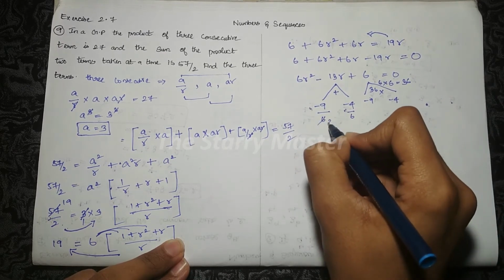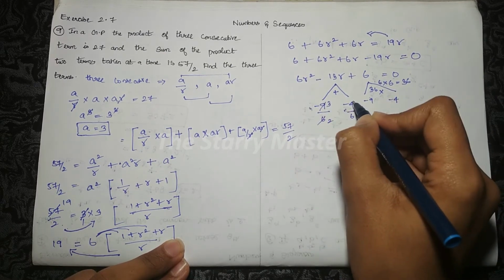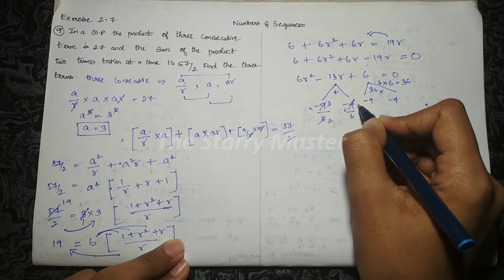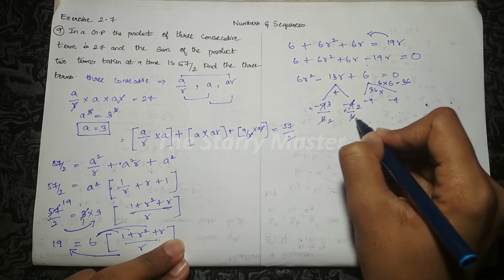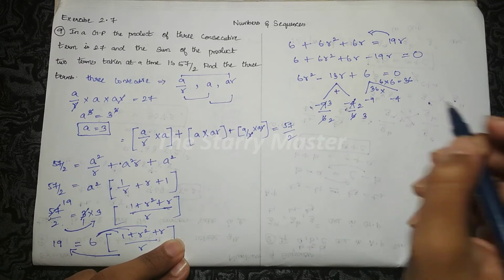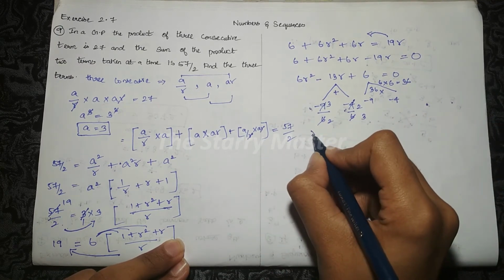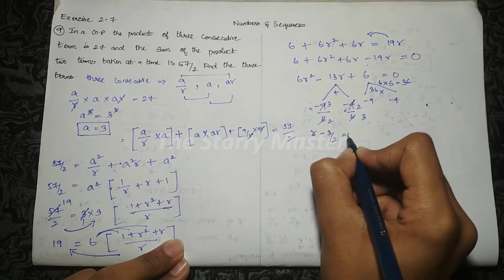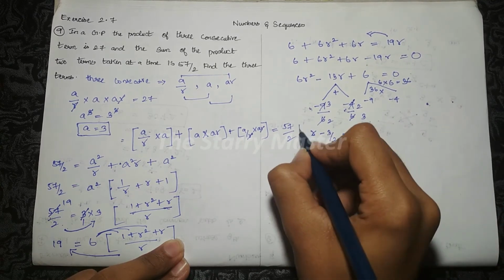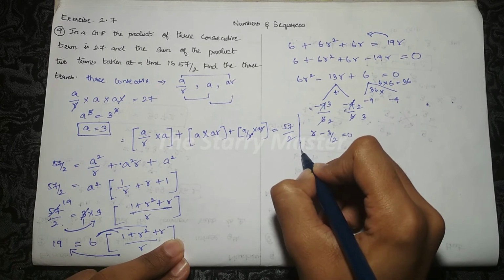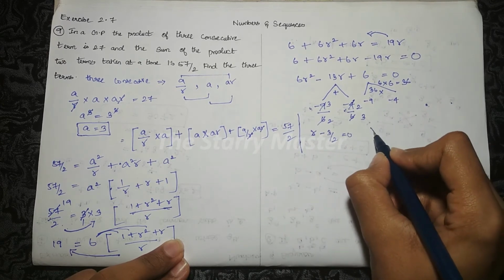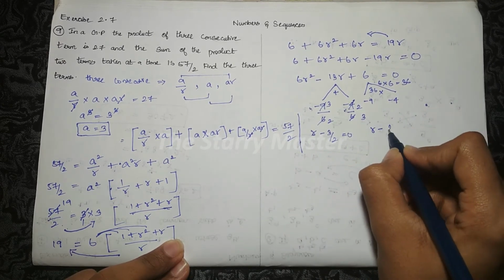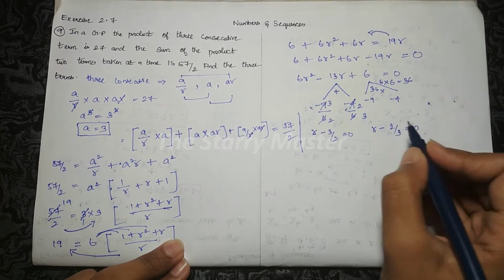So we divide by 2 table: 2 threes are 6, 2 twos are 4. So we have r minus 3 by 2 equal to 0, and r minus 2 by 3 equal to 0.